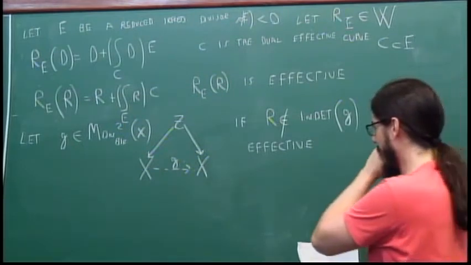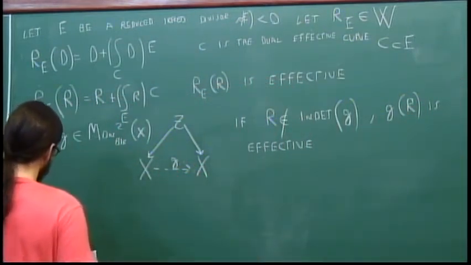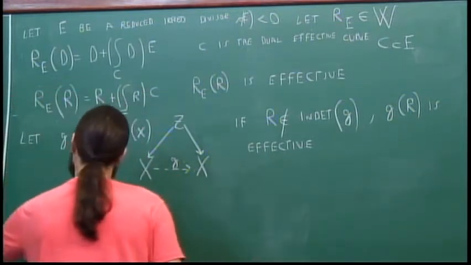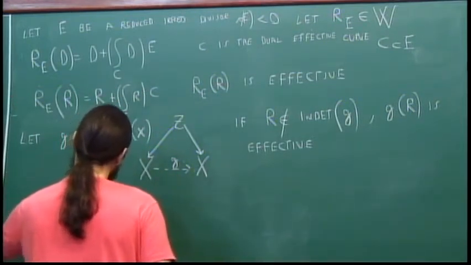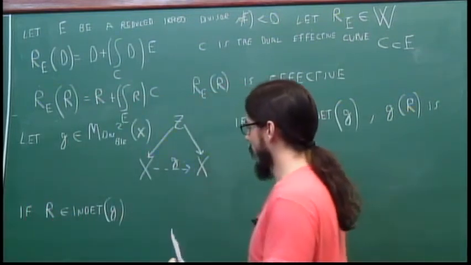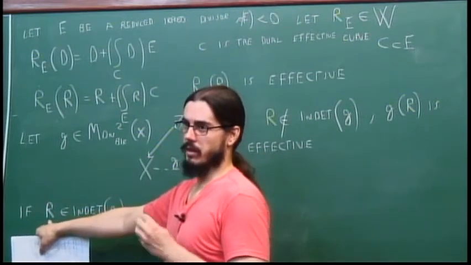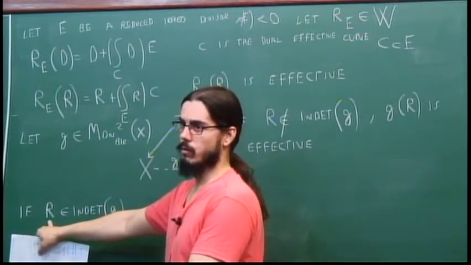And if R is in the indeterminacy of G, well, then R is an extremal ray of the Mori cone, so we can also contract R.